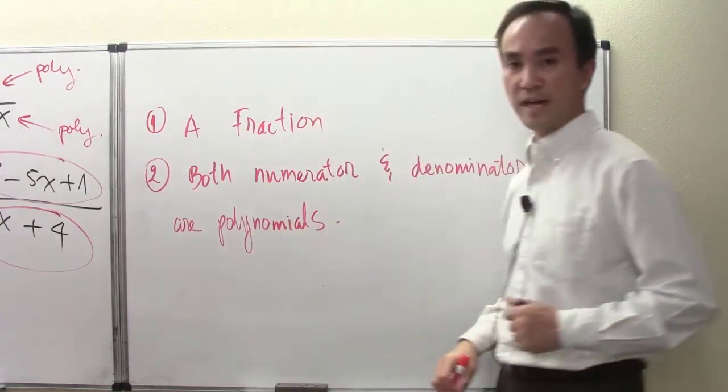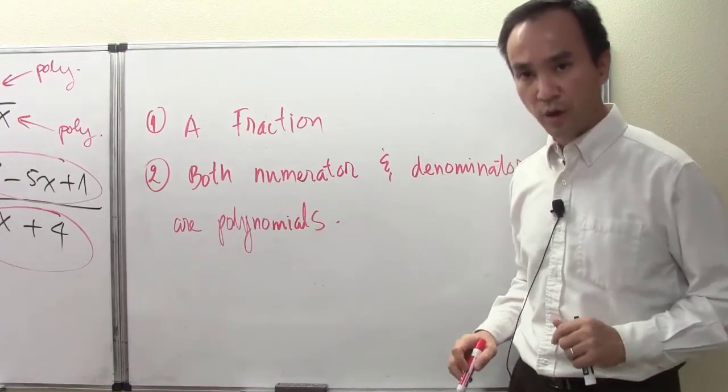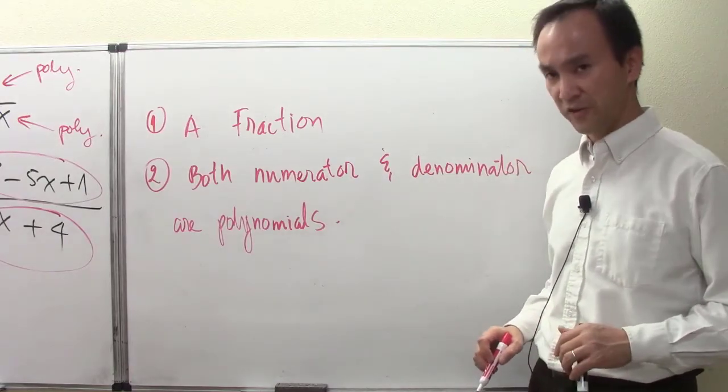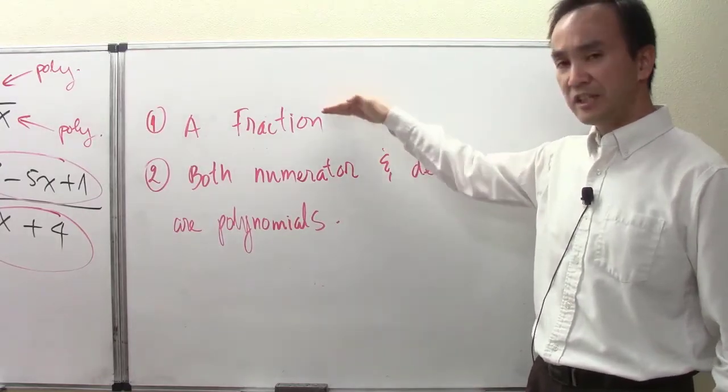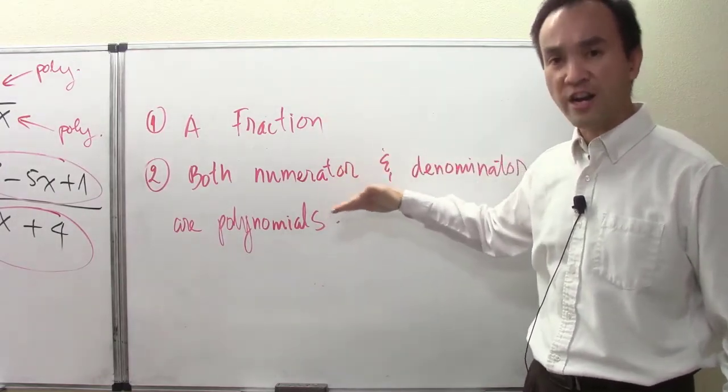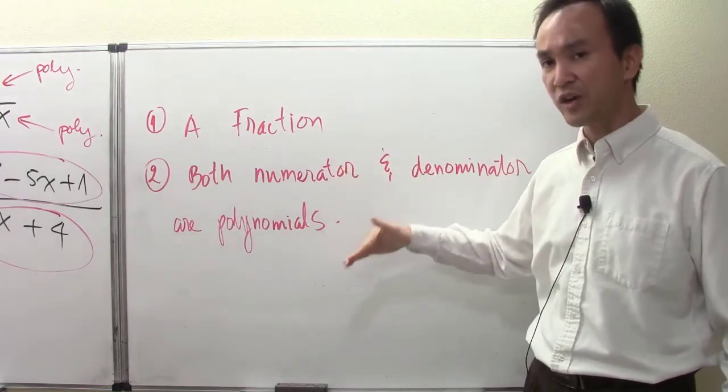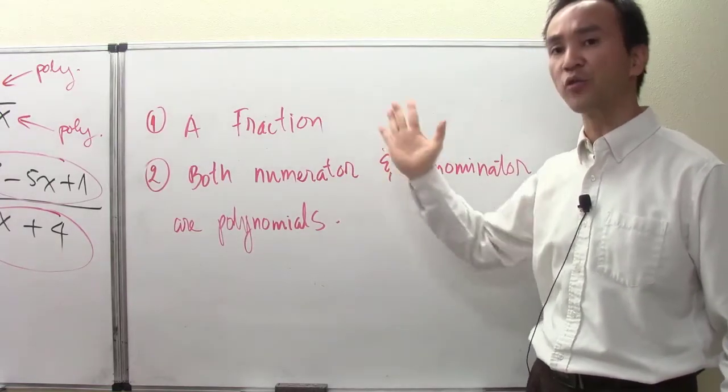All right, so that's one thing we all recognize throughout all of these functions. And so now, ladies and gentlemen, these two requirements together make up the so-called rational functions.